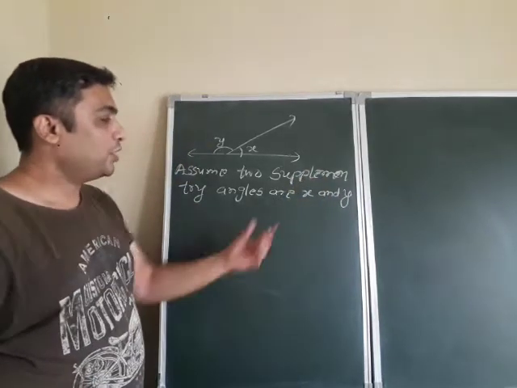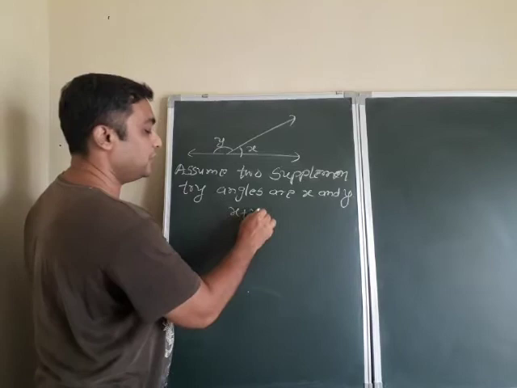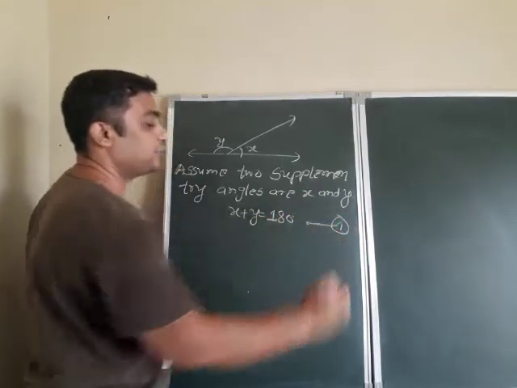Now what do you understand by supplementary angle? Their summation is 180. So one equation is generated by the characteristics of supplementary angles. So the first equation is ready.